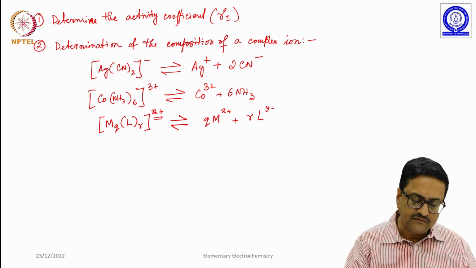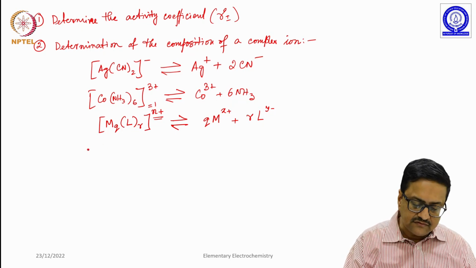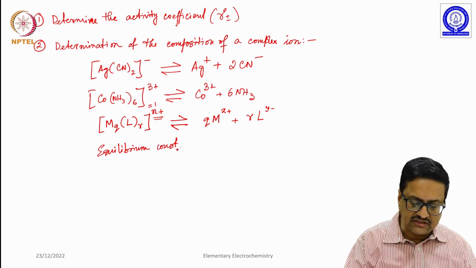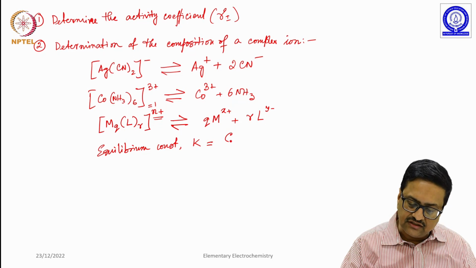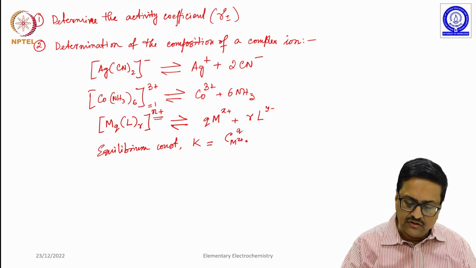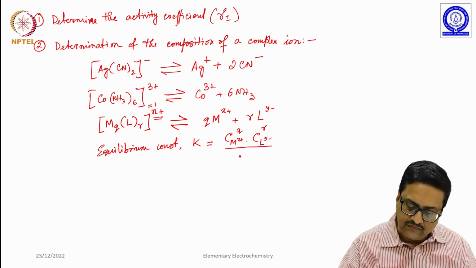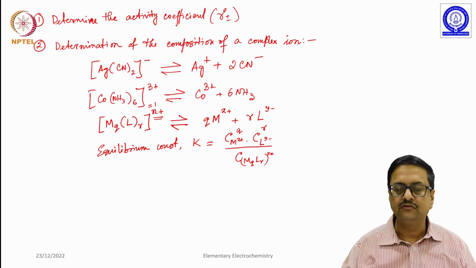If I assume that this n is equal to 1, then this equilibrium constant K can be written as the concentration of M x plus to the power q into the concentration of L y minus to the power r divided by the concentration of M q L r n plus, that is the charge that we have assumed.